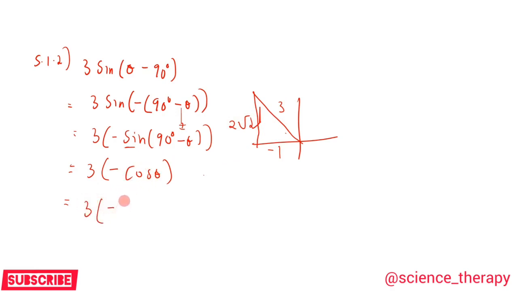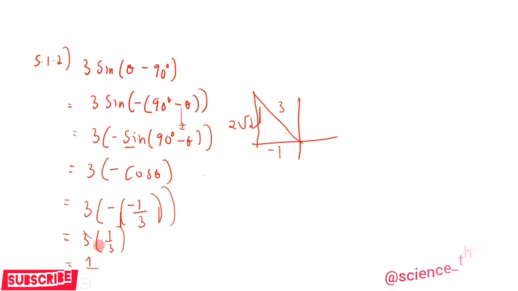What is our adjacent? Our adjacent is -1, and our hypotenuse is 3, right? So we do that, and then this becomes negative, and negative times negative is positive, so we have 3 times 1 over 3. Then you can see what will happen here. 3 times 1 over 3, the 3's will cancel out, and we'll only be left with 1. So that becomes our solution, 1.